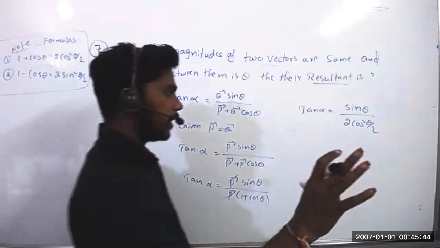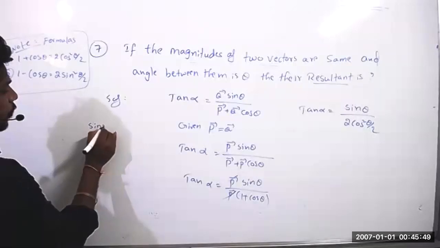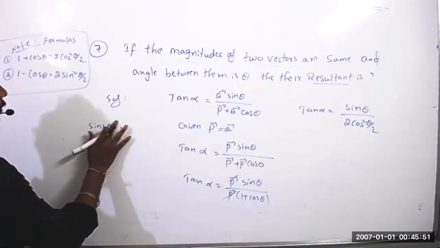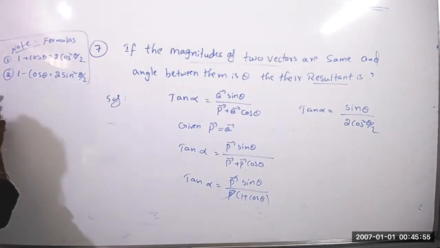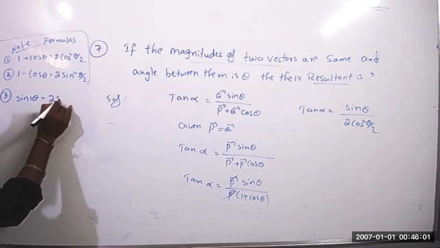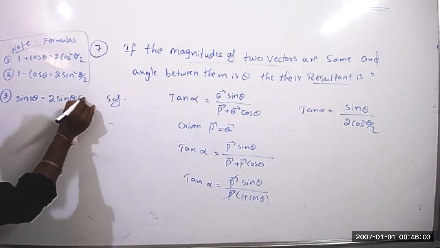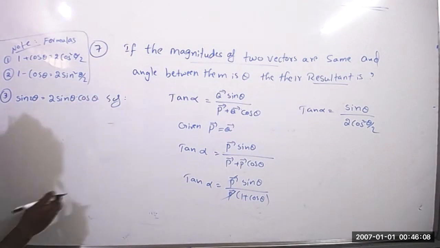Now see, sin 2 theta is a formula. One more formula here, just remember the third formula: sin 2 theta equals 2 sin theta into cos theta. Right?